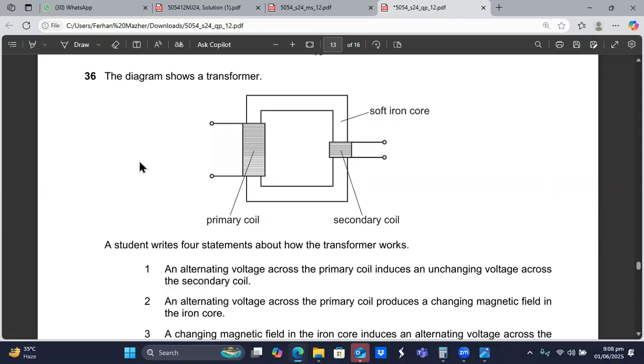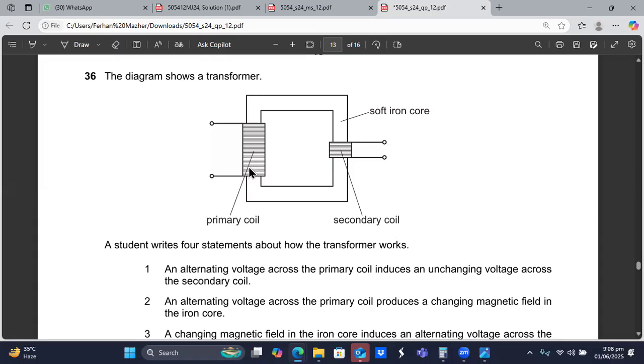In the primary coil, we always introduce alternating current. So a magnetic field is created by the primary coil. Its magnetic lines pass through the iron core, and they pass through the secondary coil. Because of the alternating current in the primary coil, the magnitude and direction of this magnetic field is periodically changing.